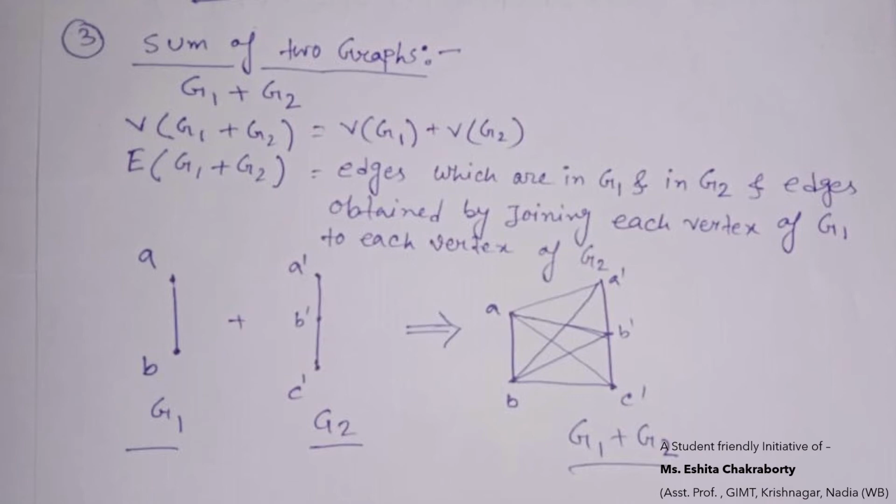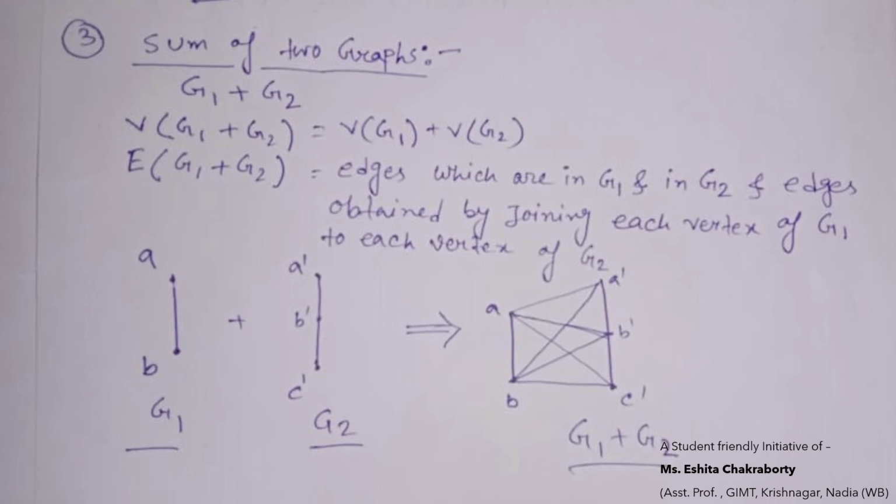G1 with vertices A and B, and another graph G2 with vertices A dash, B dash and C dash. For the sum G1 plus G2, at first we have to take the vertices and the edges of both graphs. So at first we take A, B and A dash, B dash, C dash and their edges, and then we have to take the edges obtained by joining each vertex of G1 to each vertex of G2.